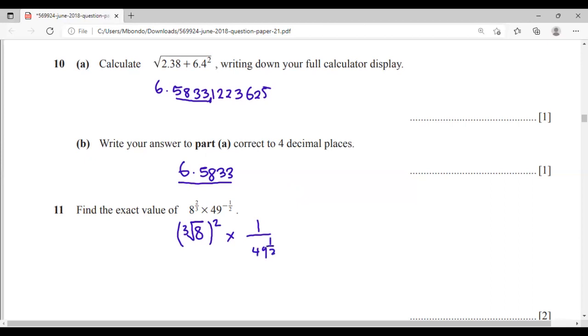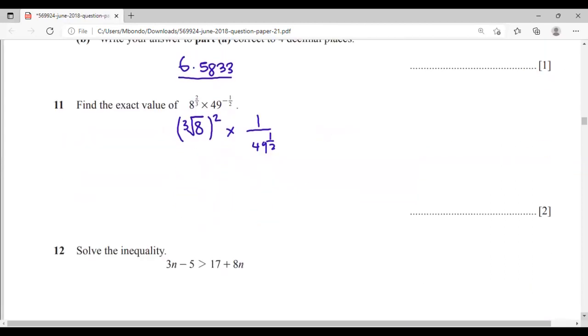The next step, we go down. When you simplify this one, what do you get? This is going to be 2 to the power 2. Now, when you look at this part alone here, let's bring it here.